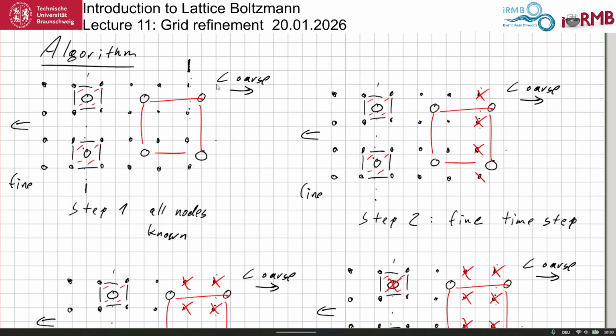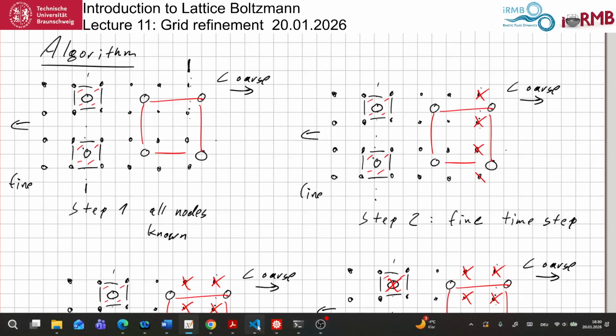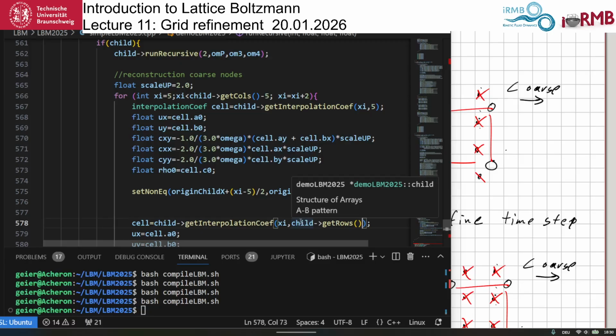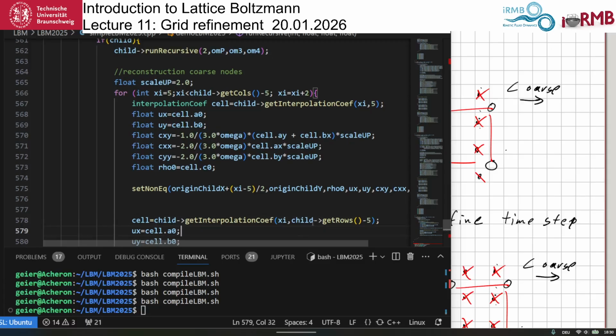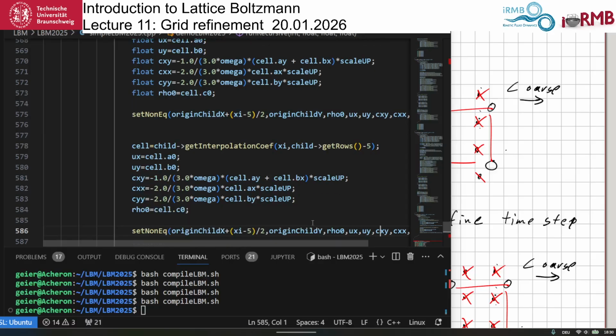So this here would be 9, 8, 7, 6, 5, 4. So we would subtract 5 from it. Okay. Good. We are doing nonsense here. So we'll subtract 5 of this here.